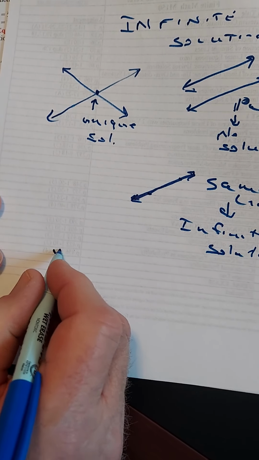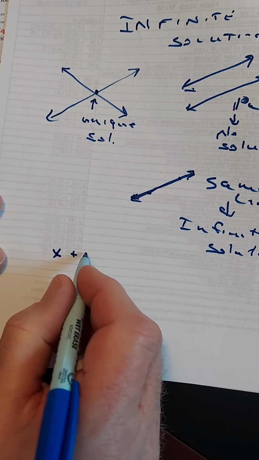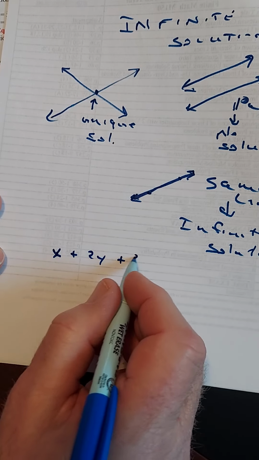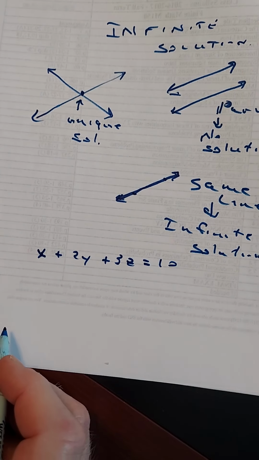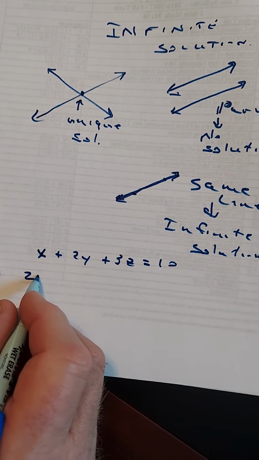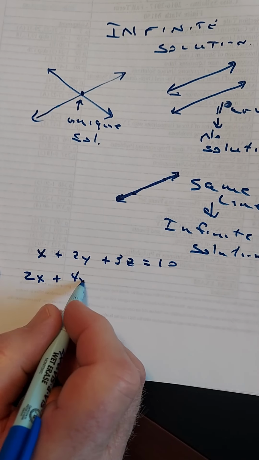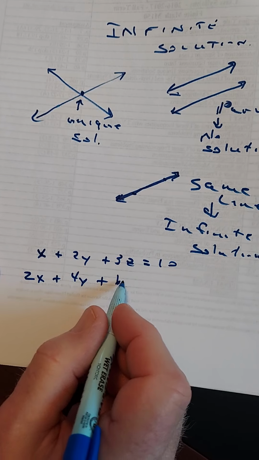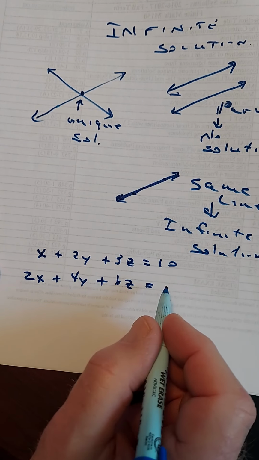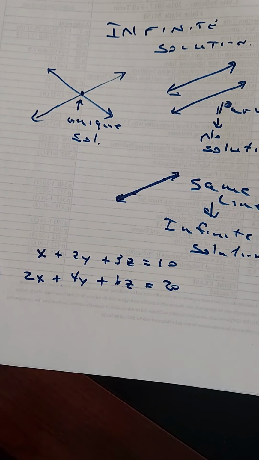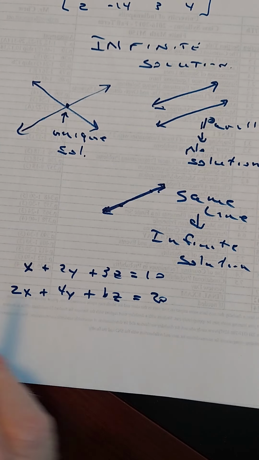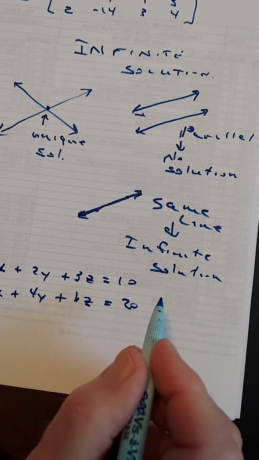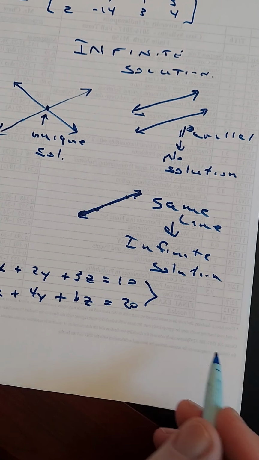Okay, I'm going to give you an example of when you can look at something like this. Let's say I got the equation x plus 2y plus 3z equals 10. And let's say my second equation is 2x plus 4y plus 6z equals 20. What you'll notice is everything in the second equation is twice as big as the first. So in other words, one is a multiple of another.